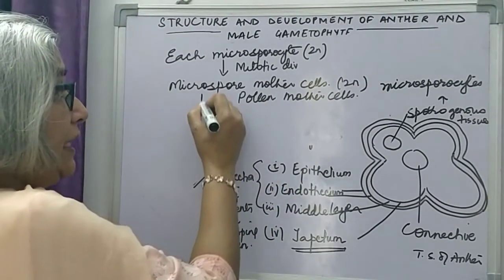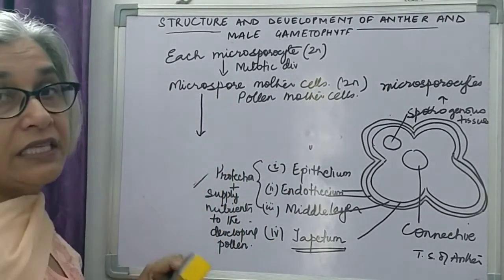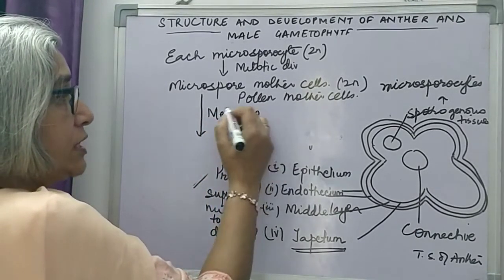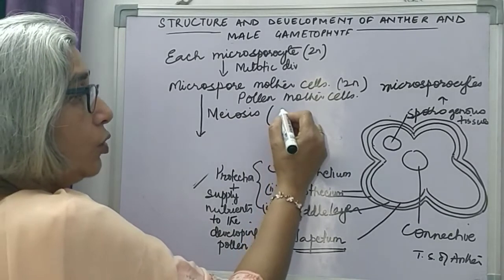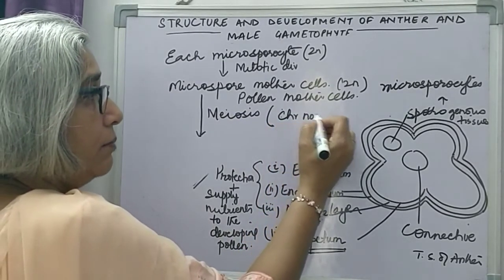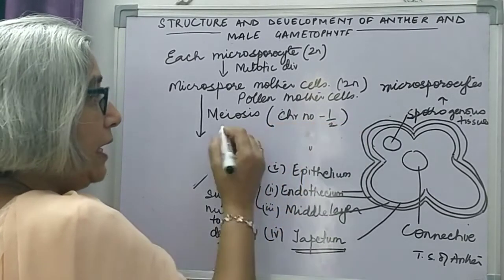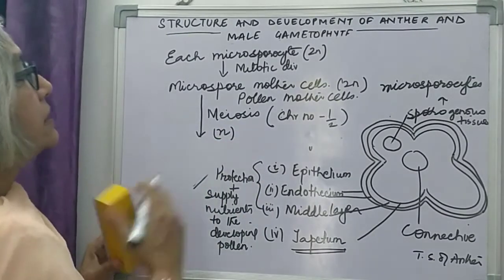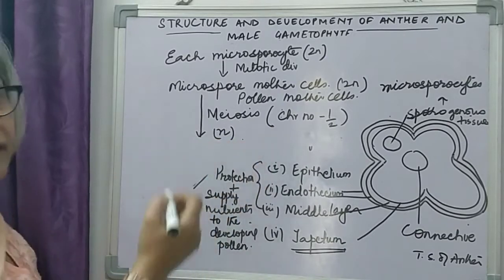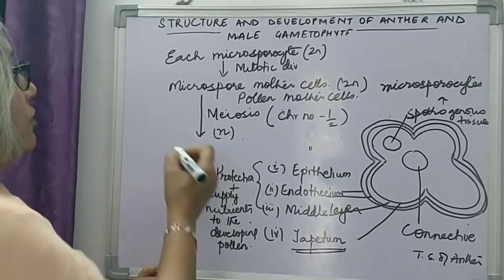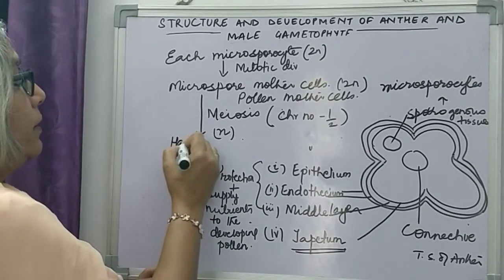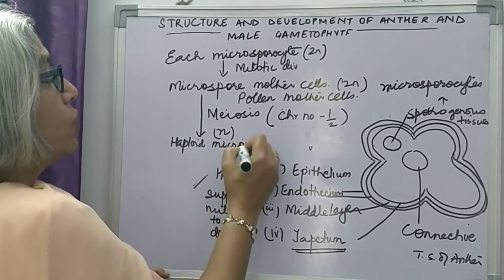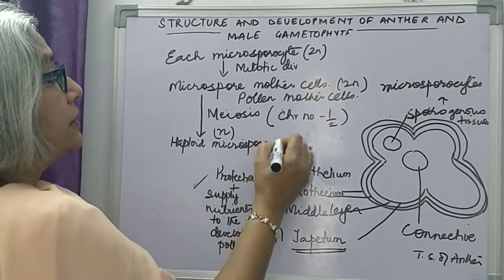After that, each microspore mother cell undergoes meiotic division, meiosis, where now the chromosome number will become half. That is, it will have n number of chromosomes. So, these cells after meiotic division form haploid microspores. Microspores are also called pollen grains.